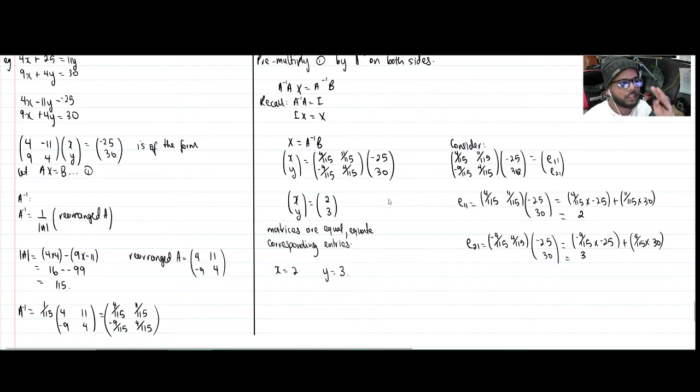So 4x plus 25 is equal to 11y. When I rearranged, I get 4x take away 11y is equal to negative 25. So that's 4 into 2, take away 11 into 3, I get negative 25. Next one is 9 into 2 plus 4 into 3, I get 30. So my solutions work for both of my simultaneous equations.